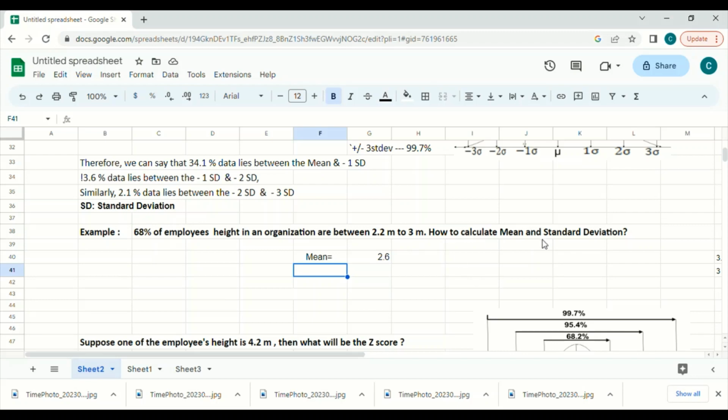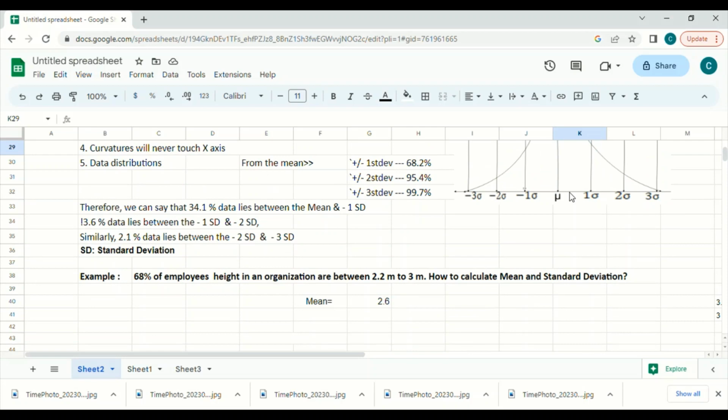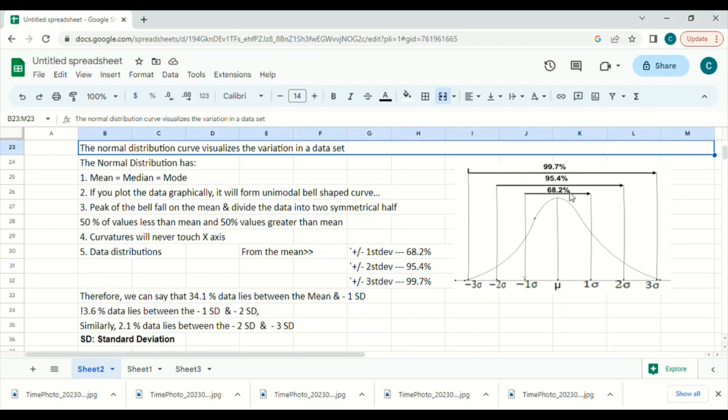Now to calculate the standard deviation, we have to go through the example again, which says 68% of employee height is between 2.2 meter to 3 meter. And if you see the empirical rule or the above picture, you can see that 68.2% of data lies between -1 sigma to +1 sigma.